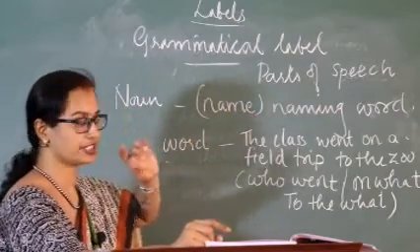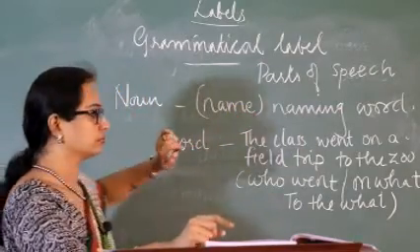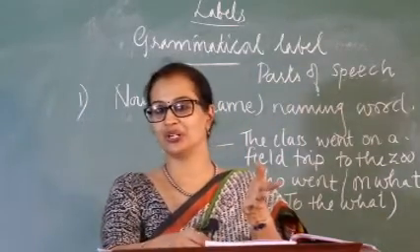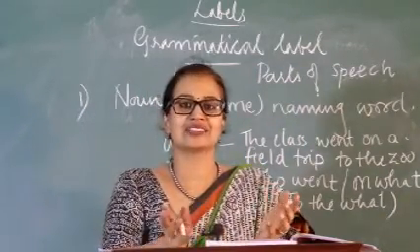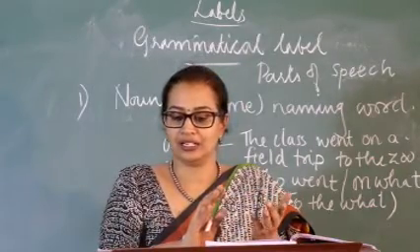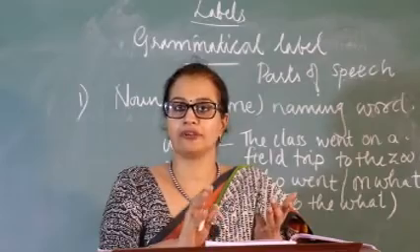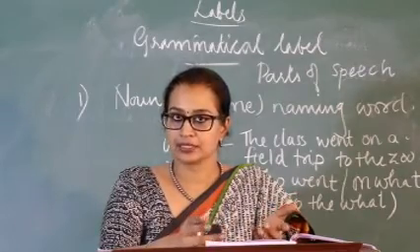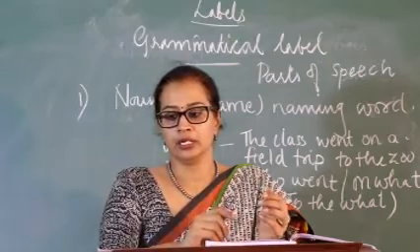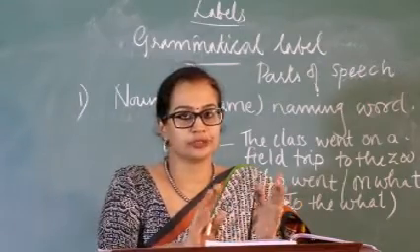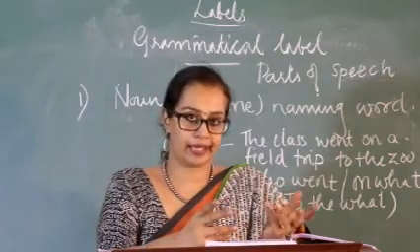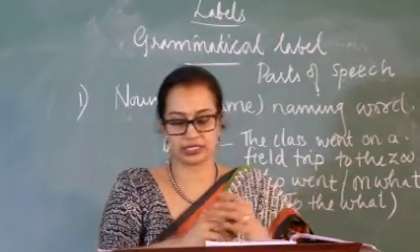Let's start with the first one. Noun. You all know what nouns are. I don't have to teach you. Noun means name, right? The label is given to the name of a person, place, thing, idea, or belief. Nouns are often preceded by the, a or an, the articles.